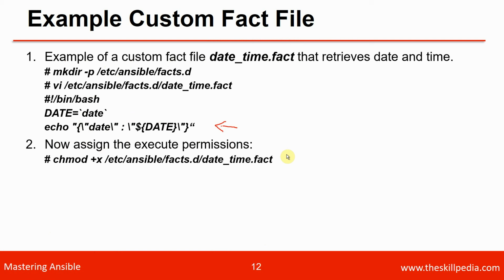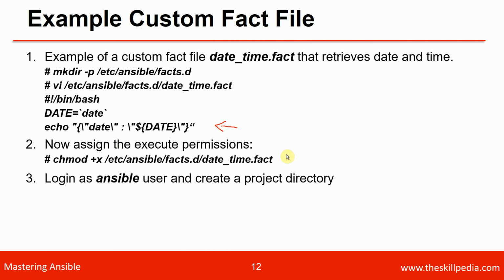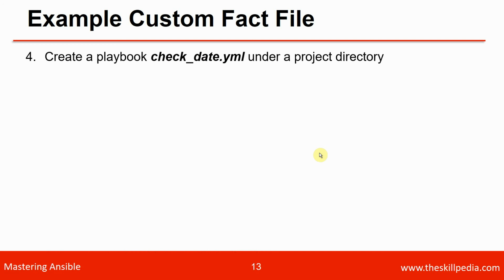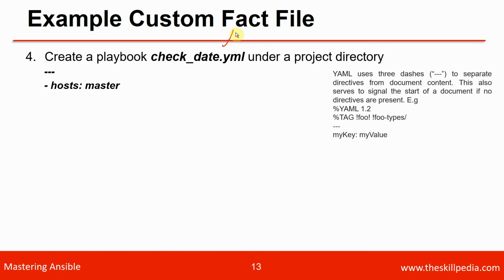Now assign execute permission because this needs to be executed. So the chmod command in Linux is used to change the permission to make it executable, and then log in as the Ansible user and create the directory as we created as we worked. We already did that base directory. Go to the base directory, create the playbook checkdate.yml under the project directory, and this is a simple playbook.